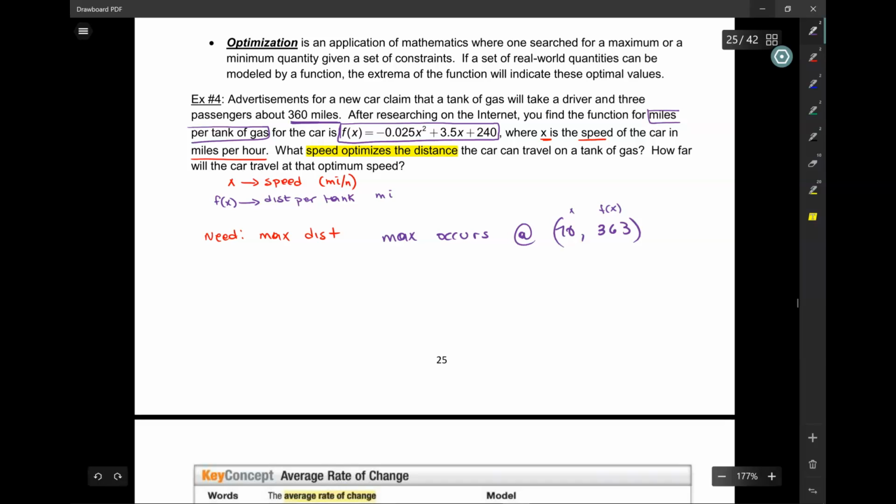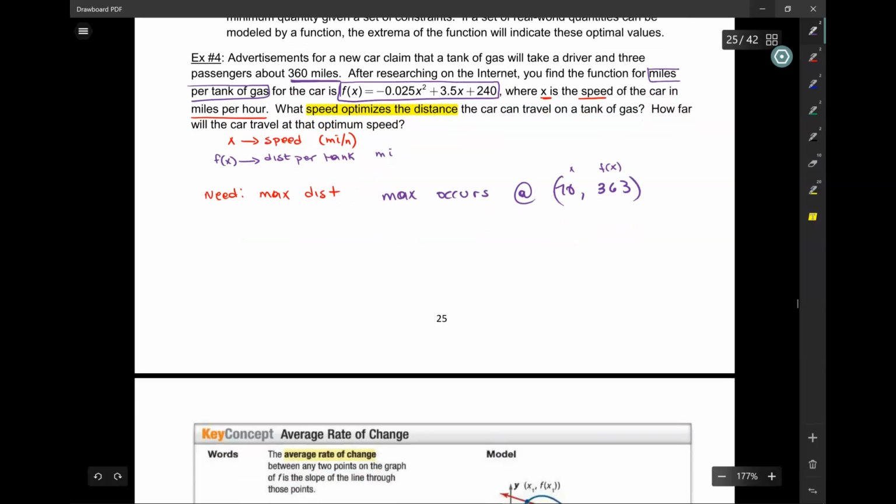All right, so it says what speed optimizes the distance the car can travel? That's 70. When you're going at 70 miles an hour, the car travels the greatest distance. Sorry, I haven't done this for so long. Okay, so the optimum speed is 70 miles per hour, right?